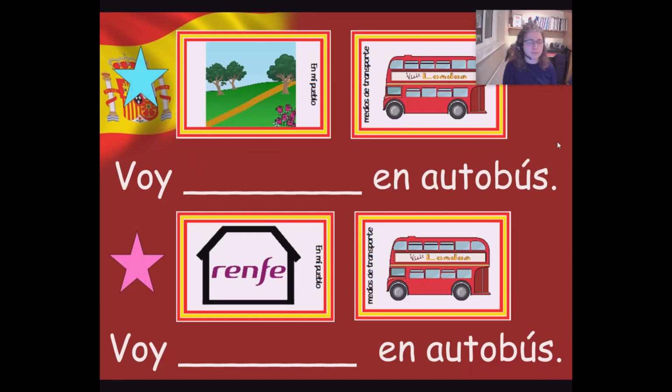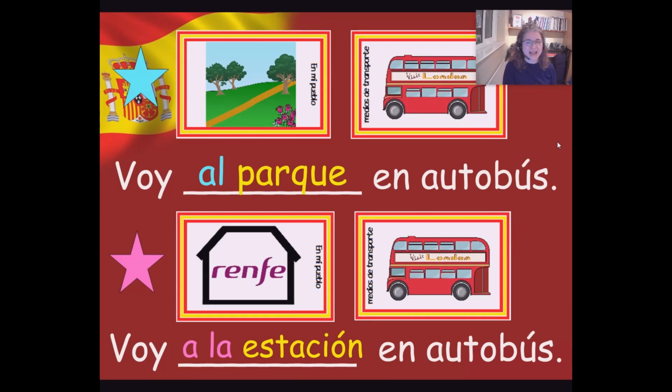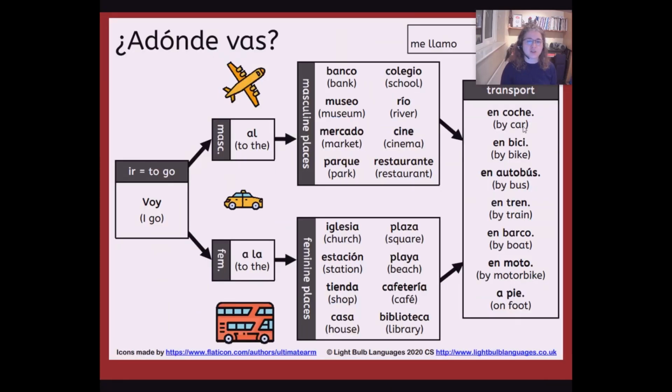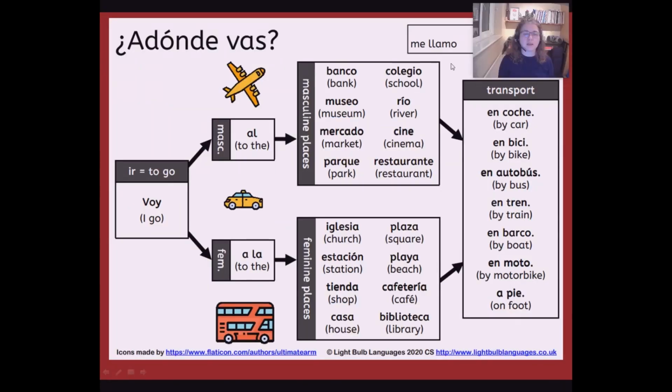So, just to recap, if you're going to a masculine place, "voy al", for example, "parque". If you're going to a feminine place, "voy a la", for example, "estación", and then you just put your transport on the end. That never changes. So here is a sentence builder that's going to help us to make some sentences saying where you're going to and how you're getting there.